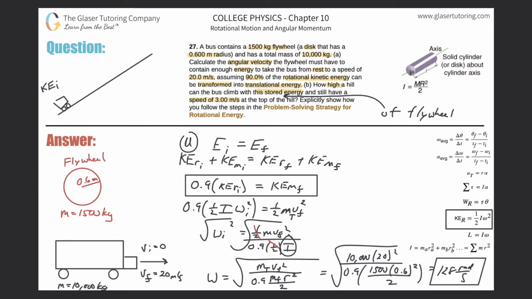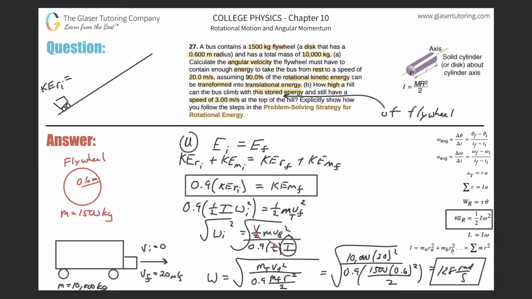But it'll be a kinetic energy of rotation initially. We know that the initial conditions will be found by using this particular formula: 1/2 times I times omega squared. Now we calculated omega over here, right? And we know what I is because we had to calculate it over here.